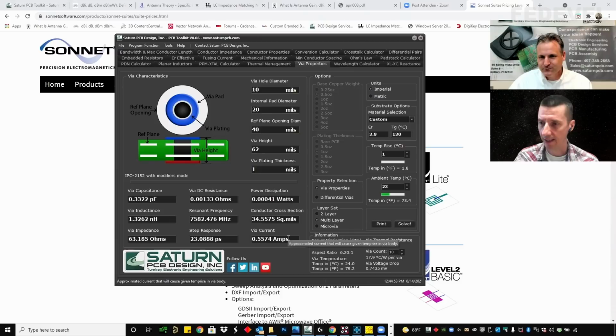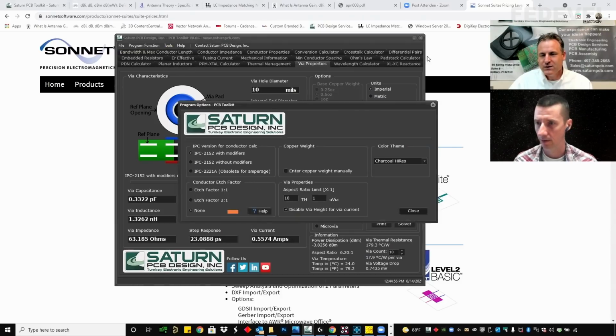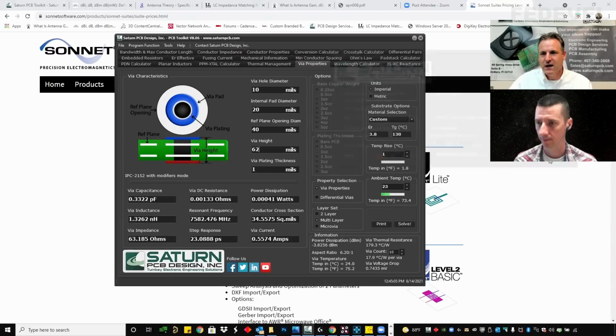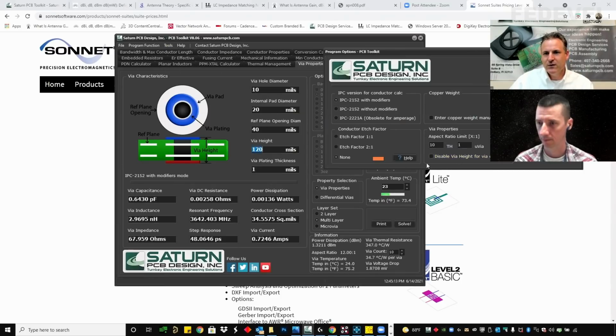So is the current higher or lower when height is higher? I'll show you here. You can see that if I enable it, the current goes a little higher. Did I have to keep it disabled? Yeah, disabled.